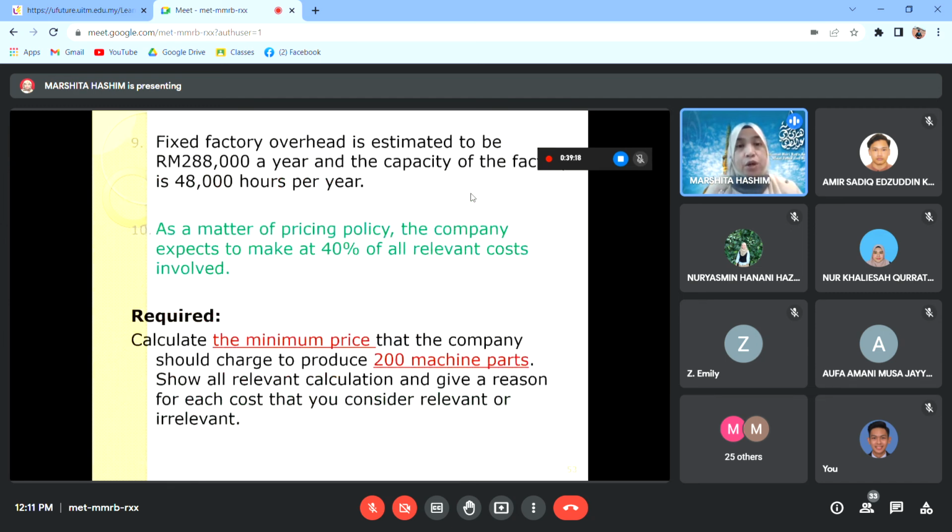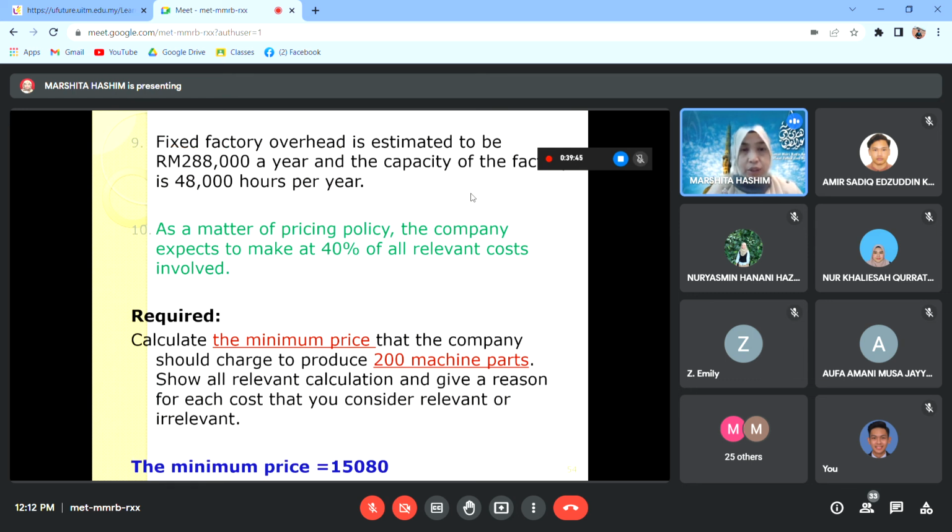Number 9, fixed overhead. Fixed factory overhead is estimated to be 288,000 a year. The capacity of the factory is 48,000 hours per year. So fixed overhead is irrelevant. Okay, cost item you write fixed overhead, RM value you write 0. And then under reason, fixed overhead cost in general is irrelevant.